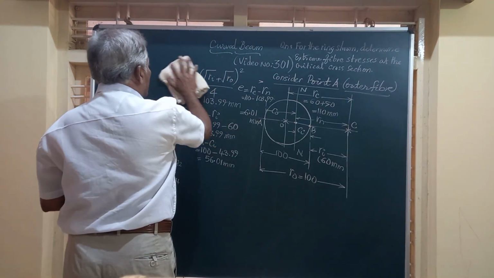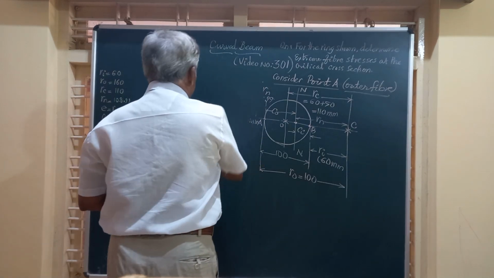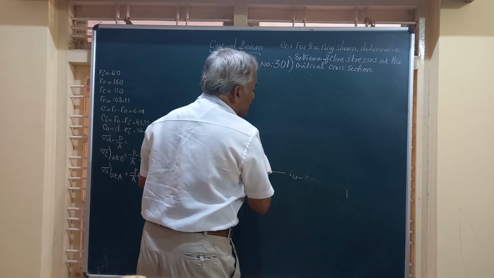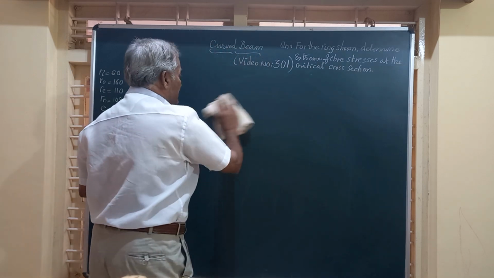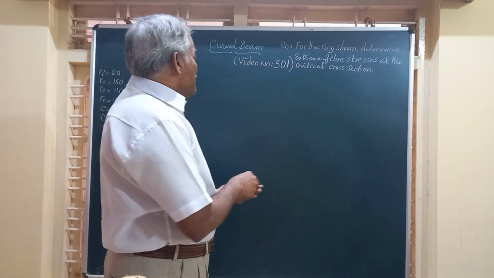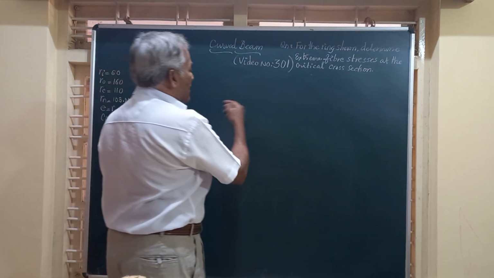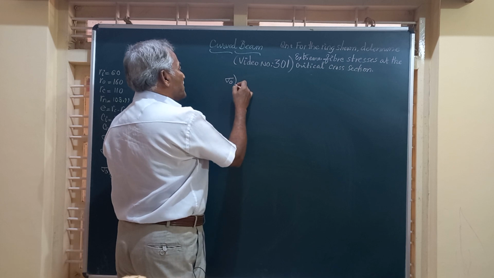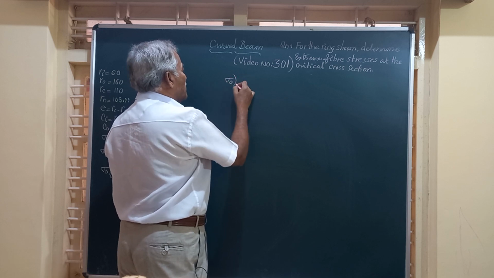Friends, you have calculated all the parameters required to compute the stresses at the extreme fibers. So friends, now I will take the outer fiber, that is sigma O, the stress at the outer fiber.